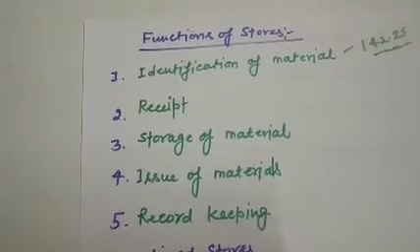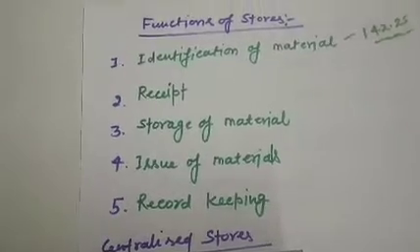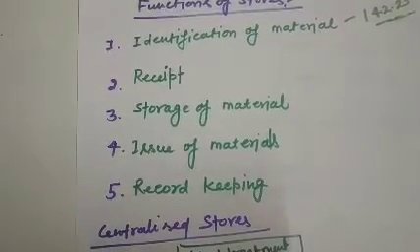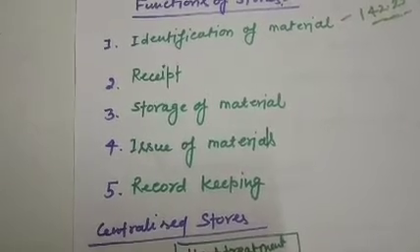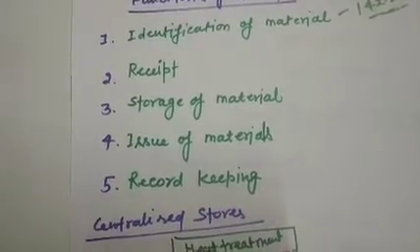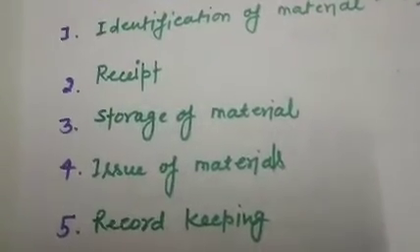Next is the issue of material. This one is a very important one. What is issue of material? Material should be issued by a storekeeper only on the presentation of an indent known as store issue requisition, right? Clear?